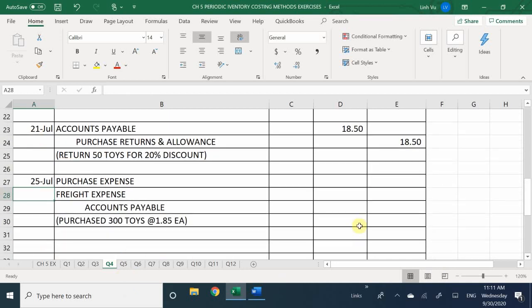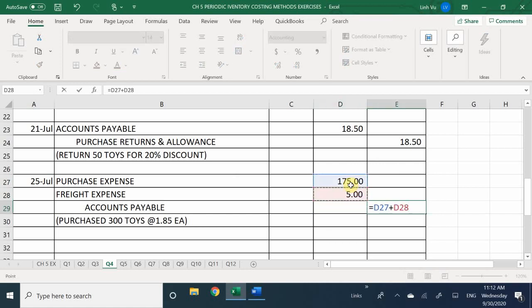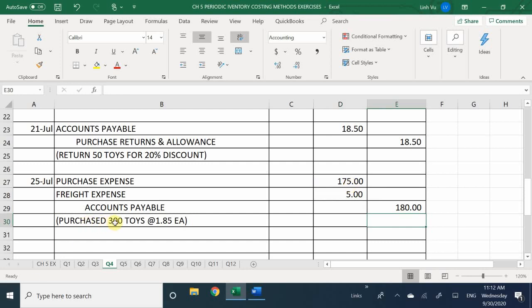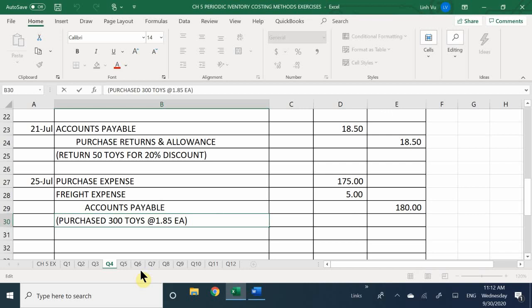My purchase expense, which we know is $175 plus $5 of freight, to give me a grand total of $180. And I'm also going to make a note here that I only purchased 100 toys and it was at $1.75. Okay.